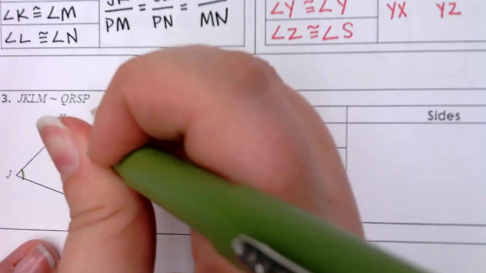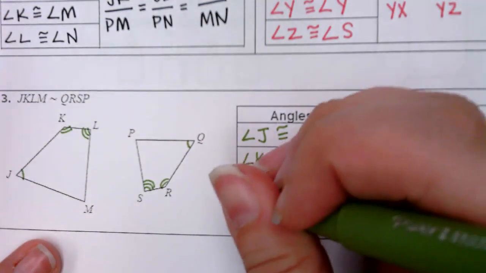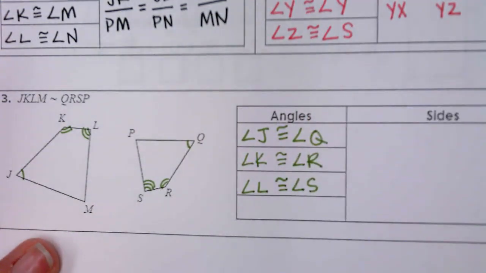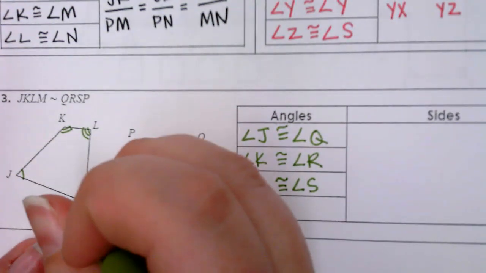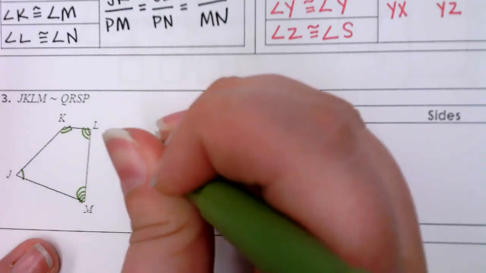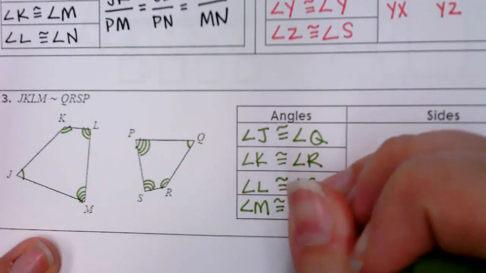Next, we have L and S. I'm just going in order for both of them, and we know that corresponding angles are congruent. And the last letter is M and P. Those are corresponding, and we know that corresponding angles are congruent.